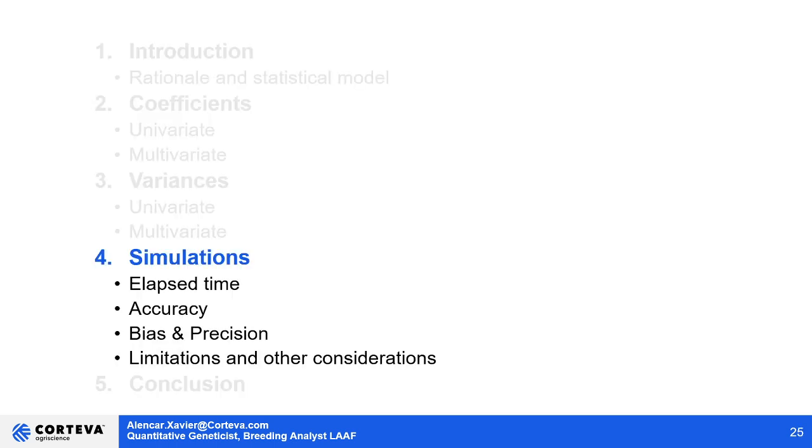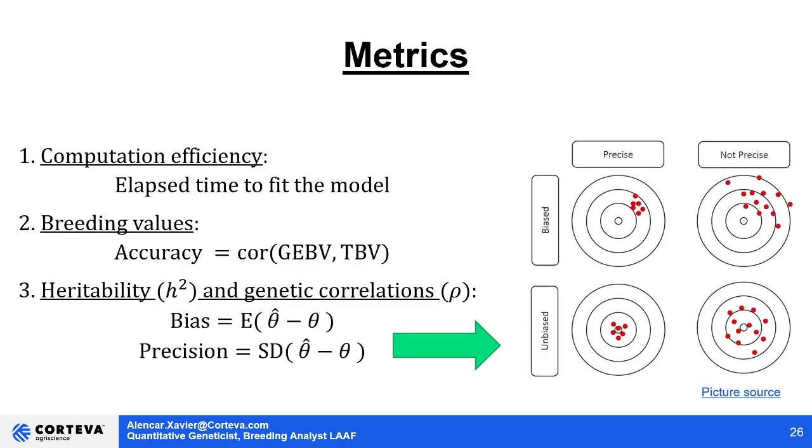So let's go now to the factual benefits and the comparison between the proposed method and the gold standard. The metrics we have been evaluating for this study include the computational efficiency, which is basically how long it takes to fit the model.